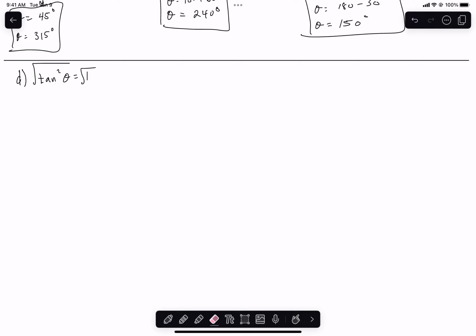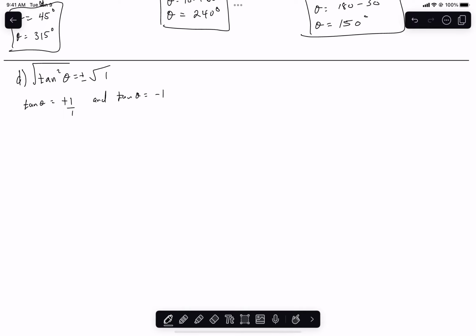But the catch here, which I think lots of us would forget to do, is anytime I square root both sides, I must include the plus minus. So that must mean that tan theta equals positive 1 and tan theta is equal to negative 1.